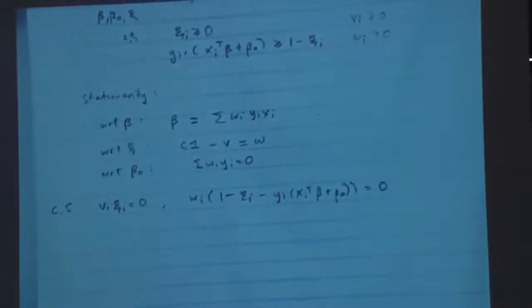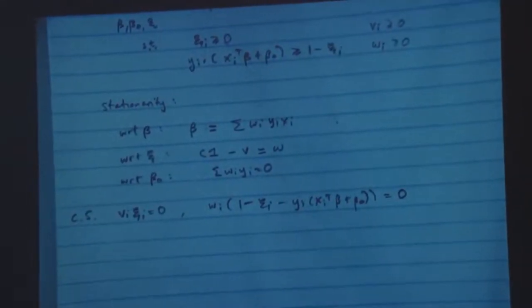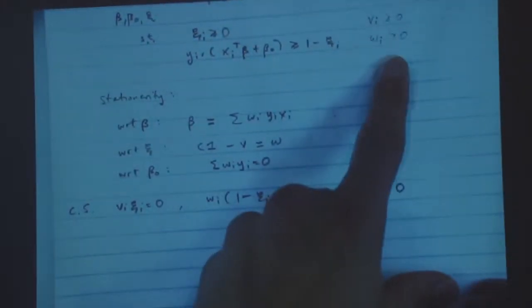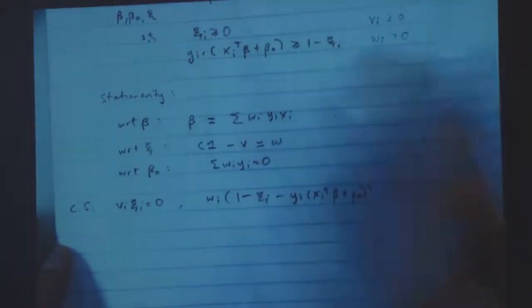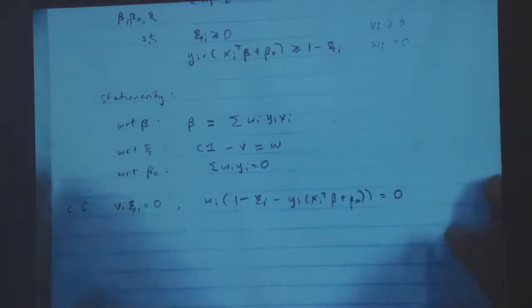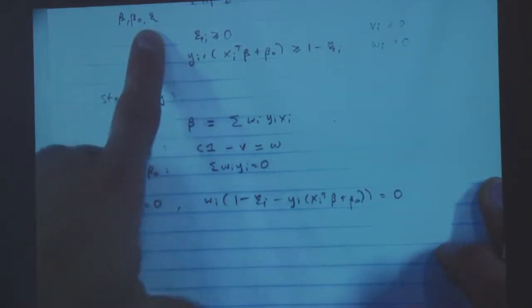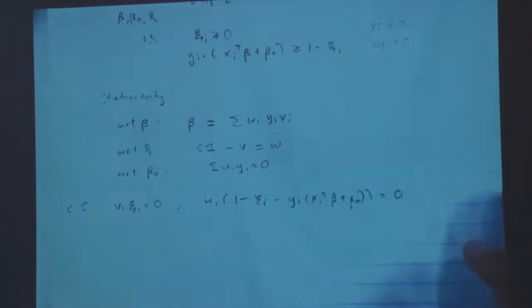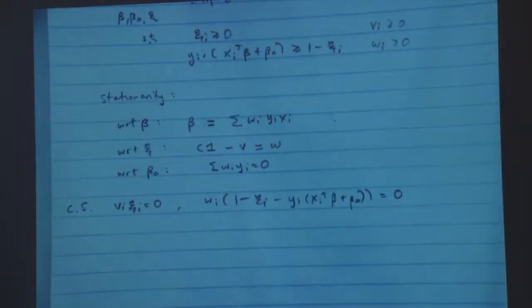We introduce them with their constraints. We minimize the Lagrangian, get the Lagrange dual function. Then that forms the dual. These are the same w and v here. So, of course, if we satisfy the KKT conditions, then beta, beta naught, and psi would be primal optimal, and wi and vi would be dual optimal.